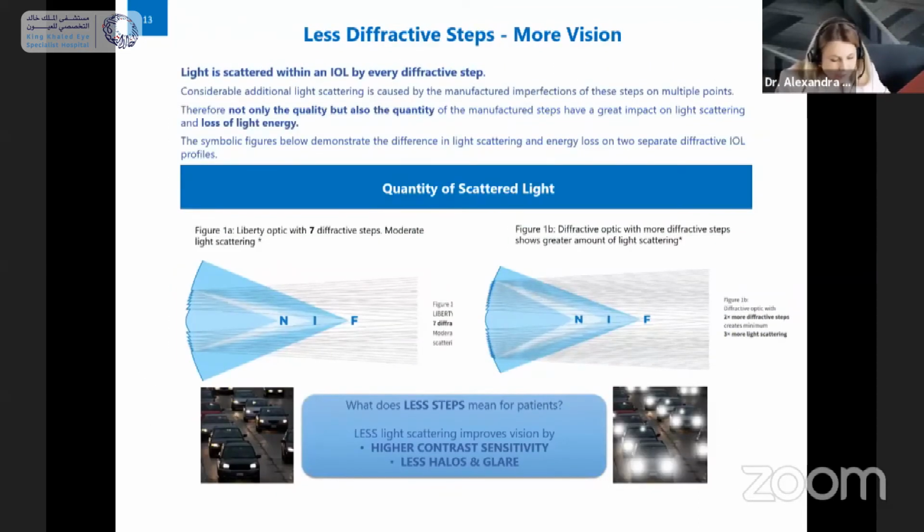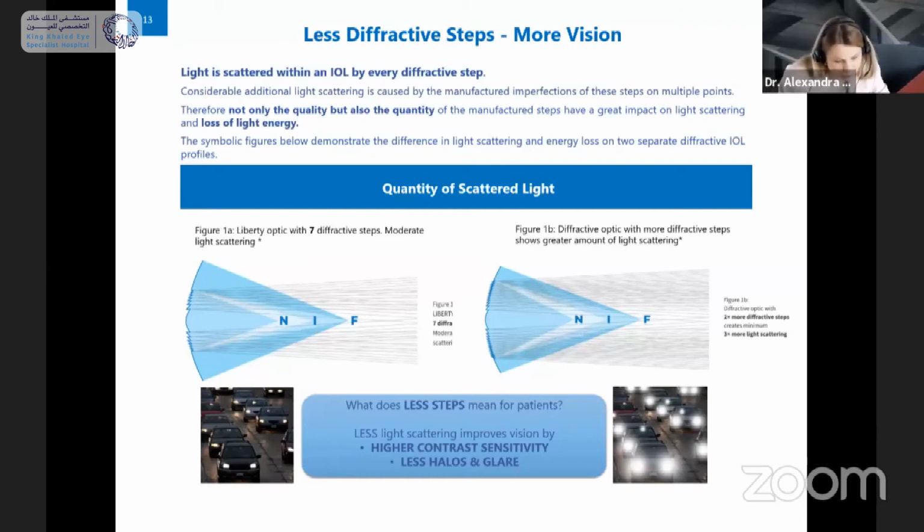So as we can see, or we could learn, many companies are working with diffraction because diffraction is a great technology to divide the light into 2 or 3 foci. But diffraction has one big disadvantage, and this is loss of light. In physics, we know that light scatters within an IOL at every diffractive step, and considerably.